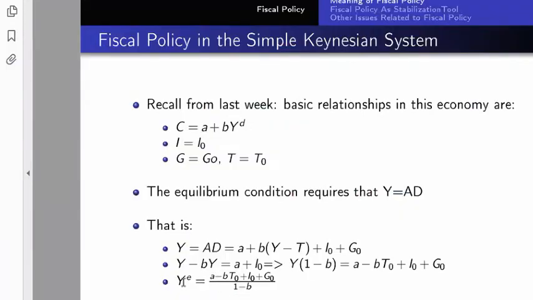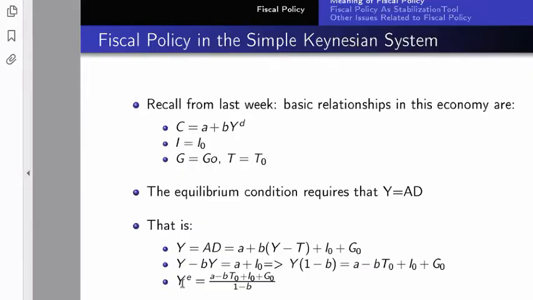But you know how to isolate. So assuming all other variables there are 0, assuming I naught is 0, T naught is 0, A is also 0, then we are left with YE equal to G0 over 1 minus B. So if I know how much G0 is changing, then I need to know 1 over 1 minus B to be able to tell the effect of a change in G on YE.